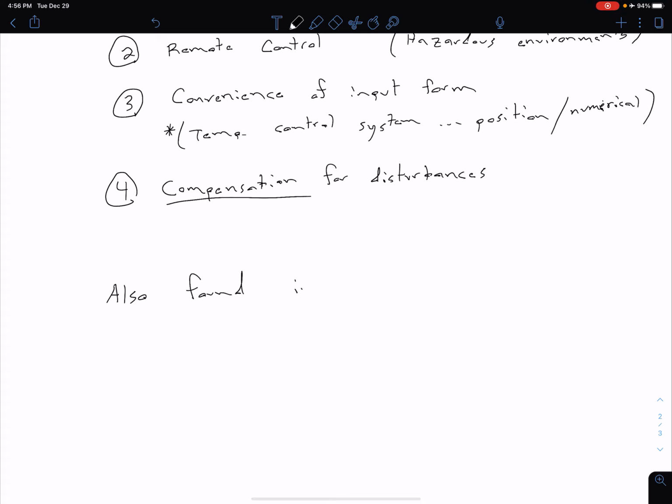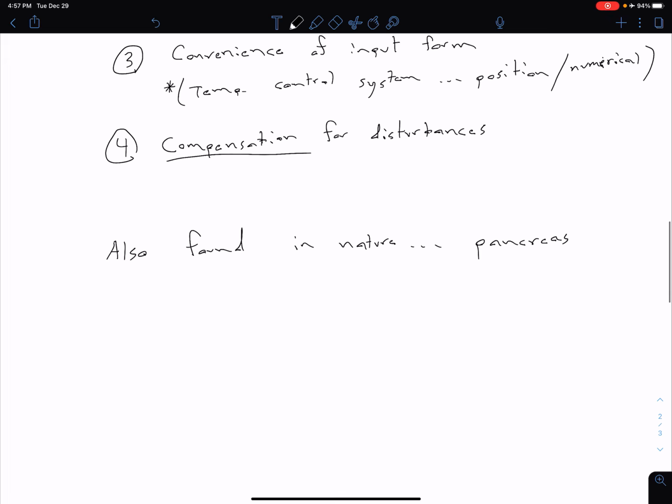The example brought up in the textbook is the pancreas. What our pancreas is doing is regulating the blood sugar, and we can model that as a control system.